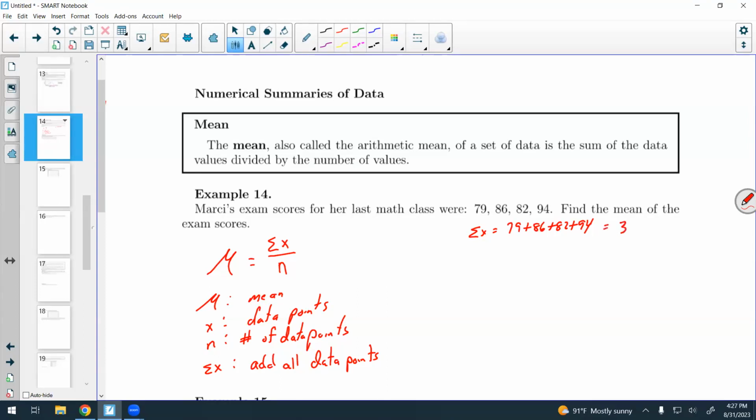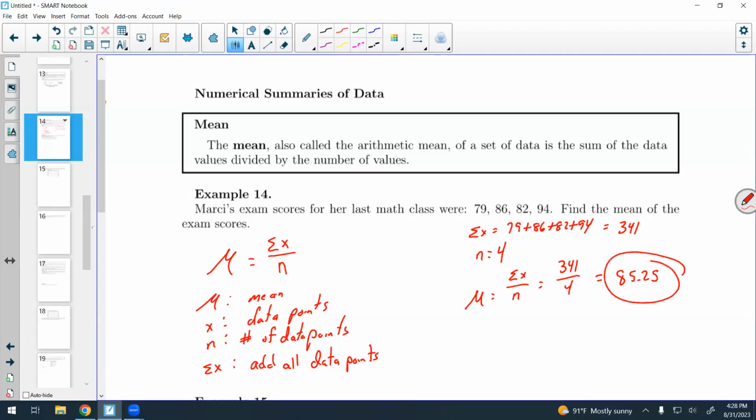This is equal to 341. Then n, the number of data points, is simply 4. So mu is equal to the sum of all the x's over n, which is 341 over 4, which is 85.25.